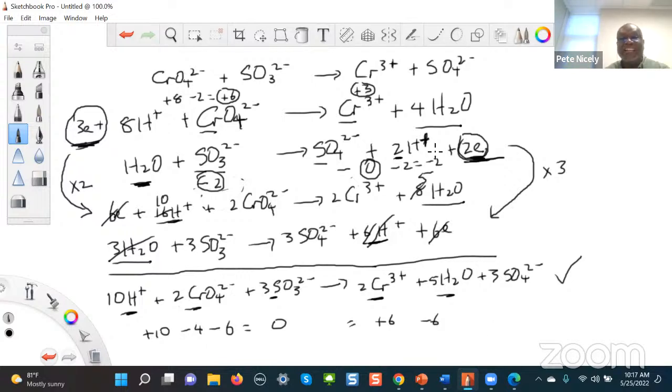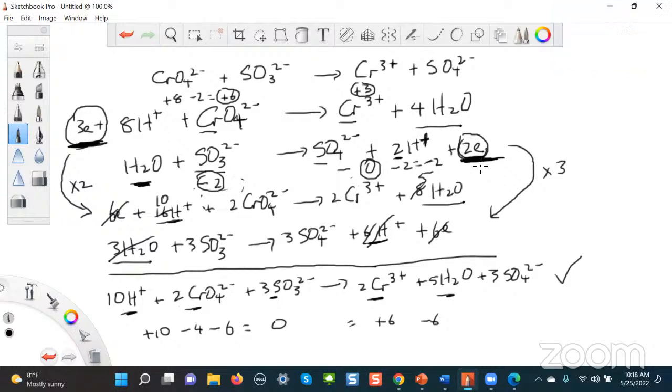The reason why is because for every redox reaction, the number of electrons lost in the oxidation process must be equal to the number of electrons gained in the reduction process. That is true for every redox reaction, right? Now, when we got to this stage, we ended up with 3 electrons being gained in the reduction equation. And here we have 2 electrons being lost in the oxidation half equation.